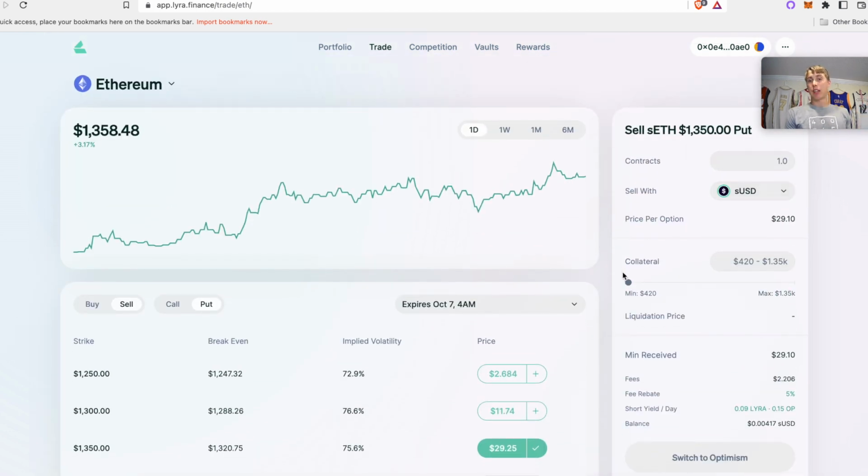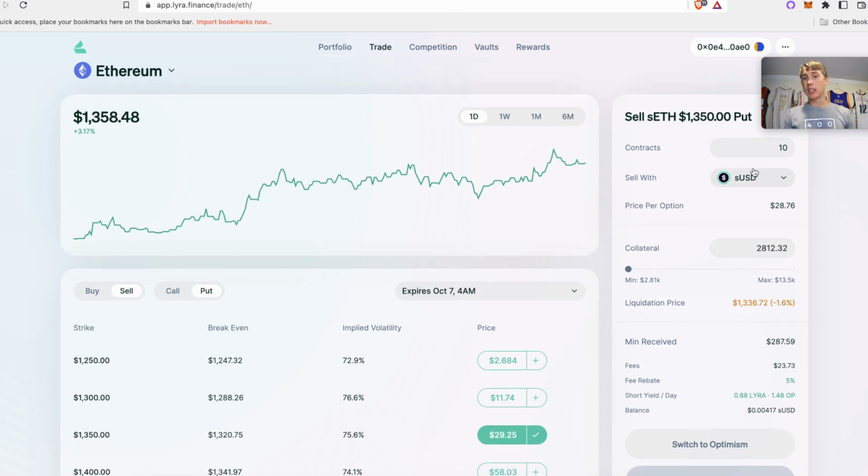So if I executed this, and let's say I did 10 contracts, whatever, my collateral is going to be minimum, let's see, $4,400. So as you can see here, if I wanted to do 10 contracts of this, I would be profiting 287 bucks, and I would only have to put up $2,800.